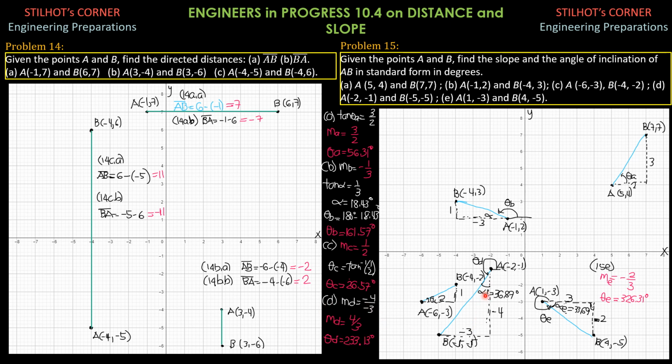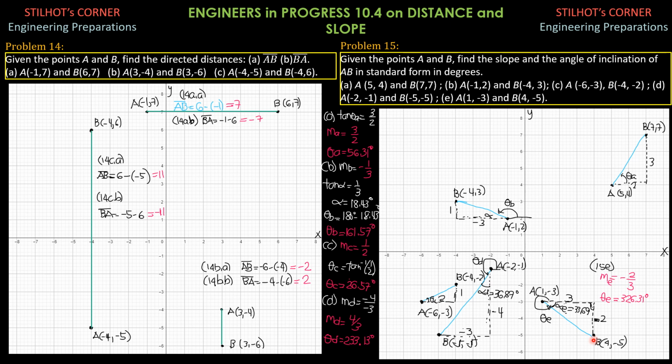Then finally at E we have (1, -3) and (4, -5). So that's (1, -3) and this is (4, -5). That direction is down to the right. So the horizontal distance is positive, the vertical is negative. For AB, the x coordinate of B, 4 minus 1, is positive 3.